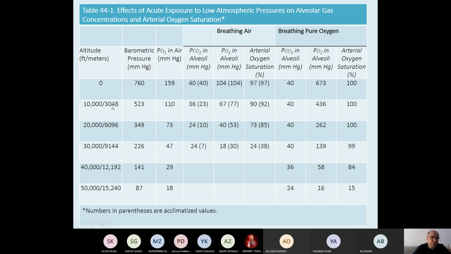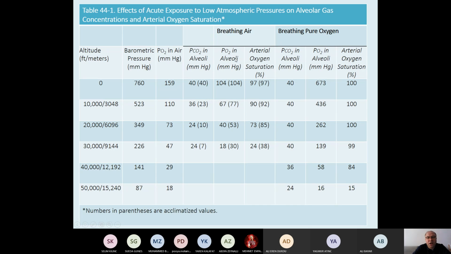If we go to the mountains, for example, Erzurum, the altitude of Erzurum is almost 2,000 meters, 1,800 something, okay? So this is 3,000. So air pressure goes down, and oxygen partial pressure in the air goes down from 159 to 110. So Erzurum is somewhere between these, okay?